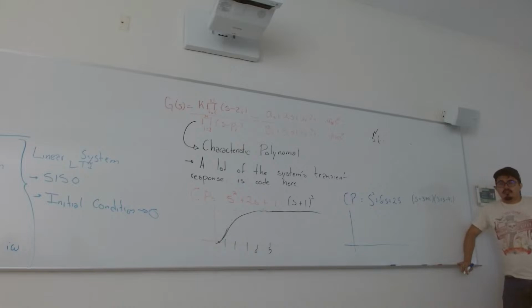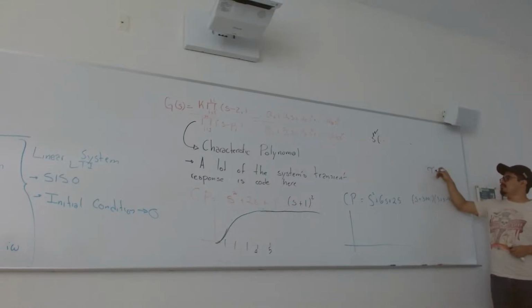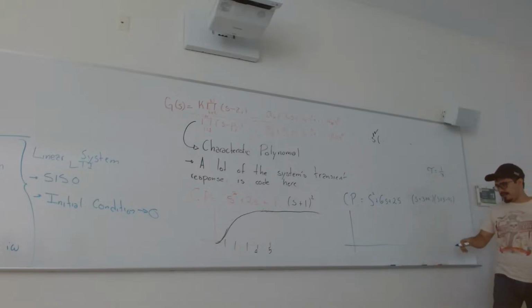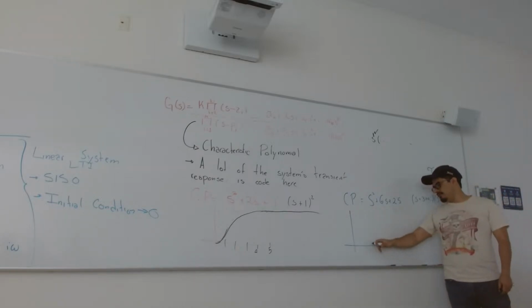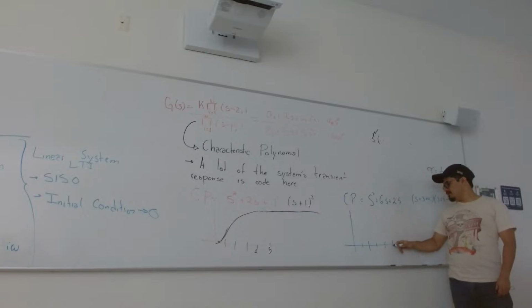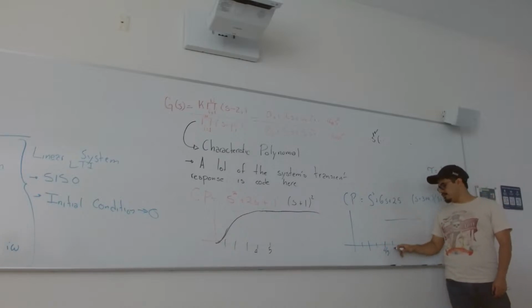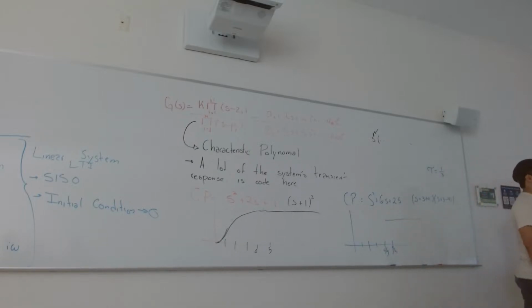Tau equals 1? No, it is 1 over there. Yeah, 1/3. Okay, so tau is 1/3, right? And I want the stabilization, between 4 and 5 times that guy. So here, in 4/3 of a second, 5/3 of a second, I begin my steady state.